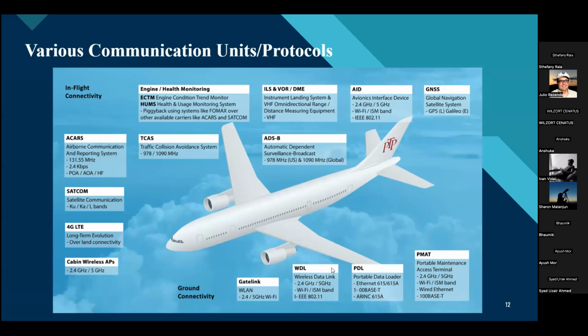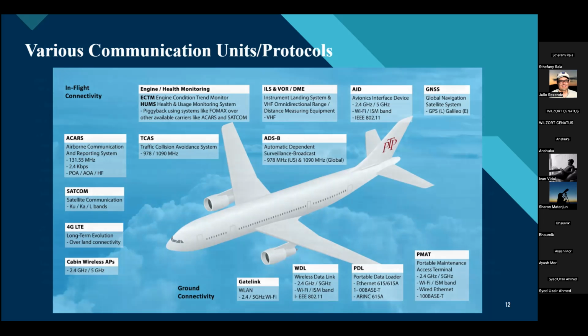So there are so many antennas and various communication units put in an aircraft, which can help the pilot in terms of simplicity. I mean, it can be useful at times. So yeah, that's a simple thing that if we see, we can get to know about it. I won't go into detail because it'll take a long time.